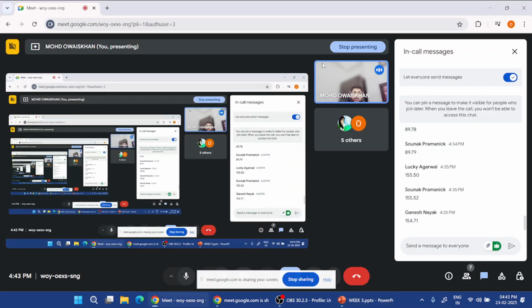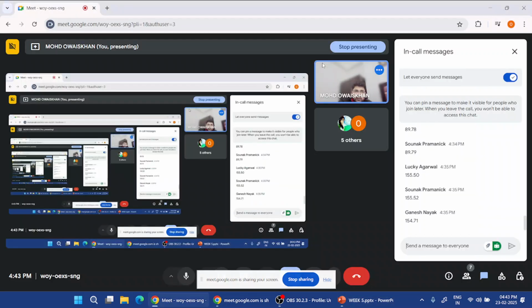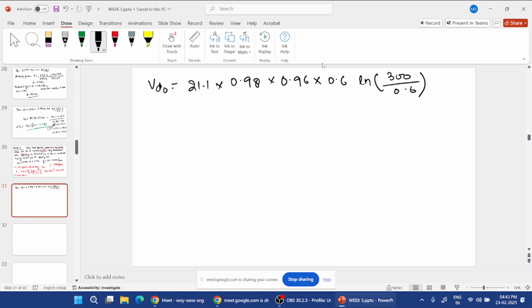Use your calculator and give me this value. What is the value of disruptive critical voltage?